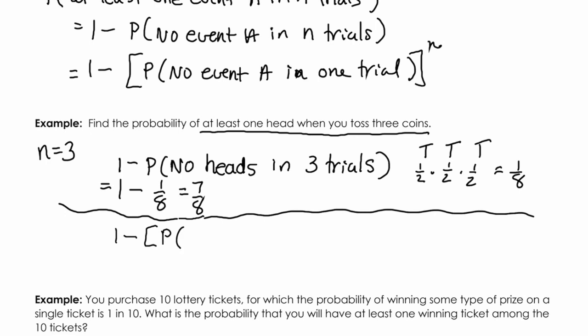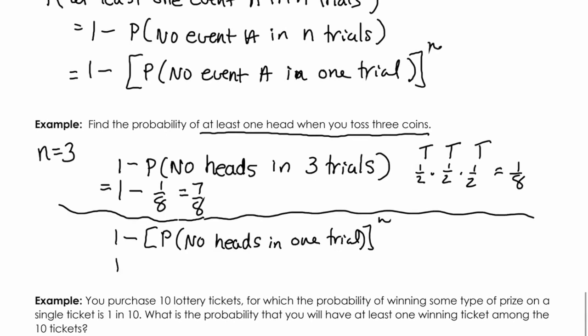If I use the second formula, I would use 1 minus the probability of no heads in 1 trial. And then I would raise it to the nth power, where n would be the number of trials. So the probability of no heads in 1 trial would be 1/2.